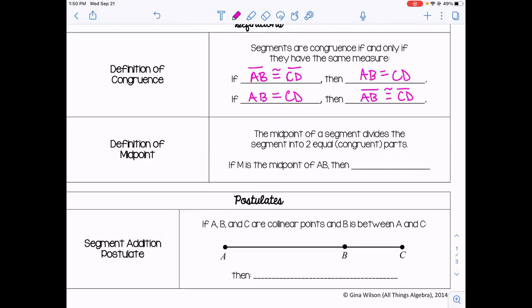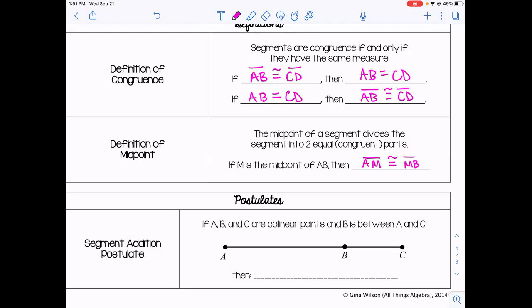Okay. Definition of a midpoint. The midpoint of a segment divides the segment into 2 equal congruent parts. So if M is the midpoint of AB, then segment AM is congruent to segment MB. We know that because of the definition of a midpoint. So guess what?